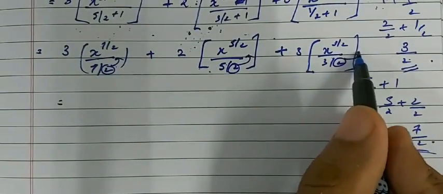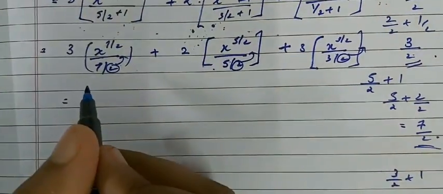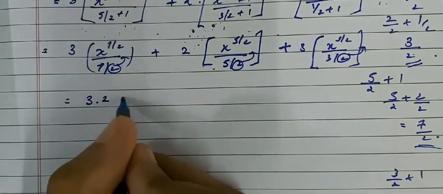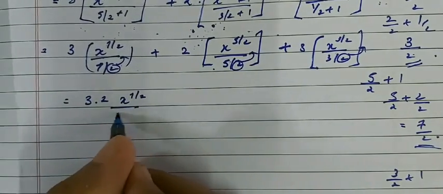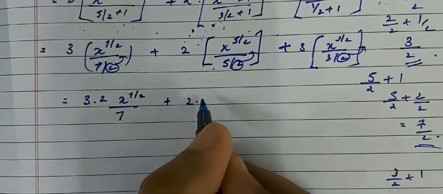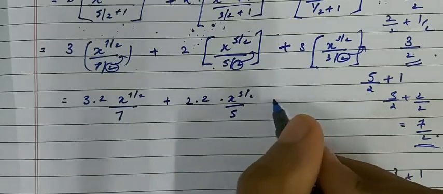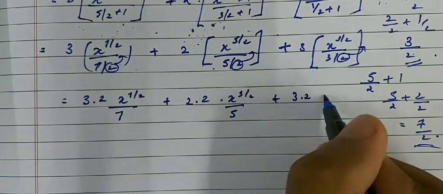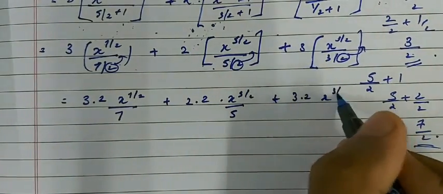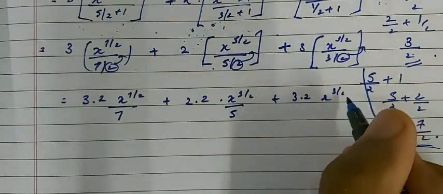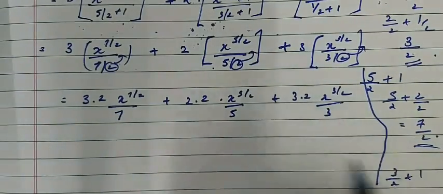Here also this 2 will go up. So we will write it as 3 into 2 x raised to 7 by 2 by 7 plus 2 into 2 x raised to 5 by 2 by 5 plus 3 into 2 x raised to 3 by 2 by 3.